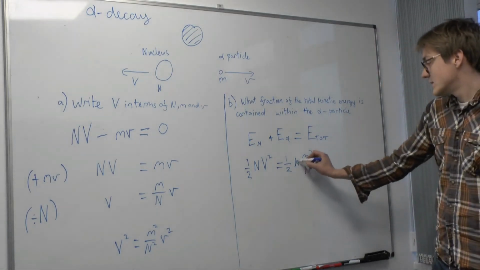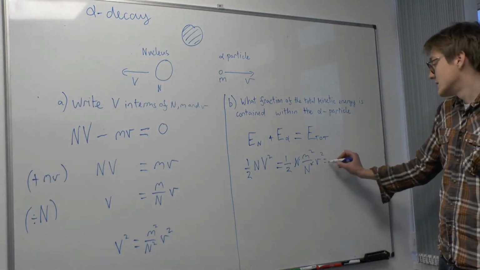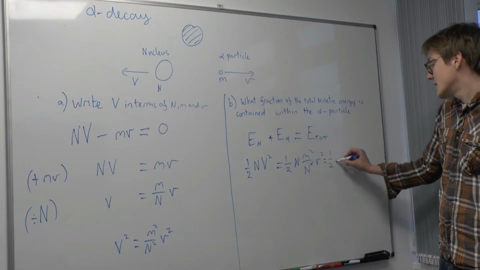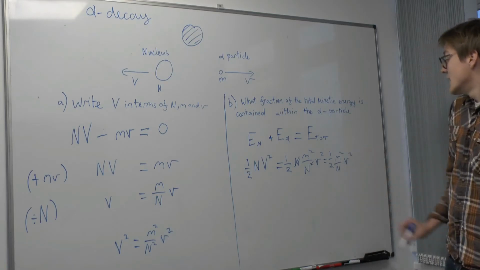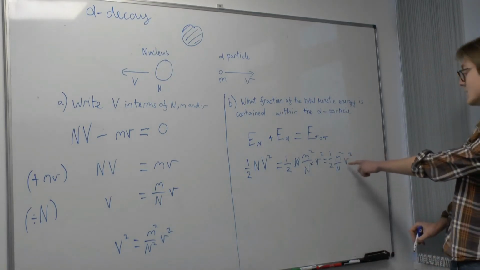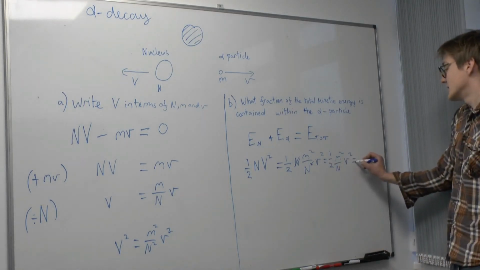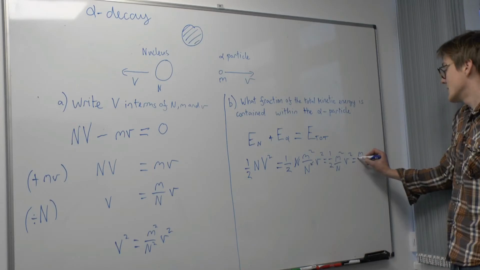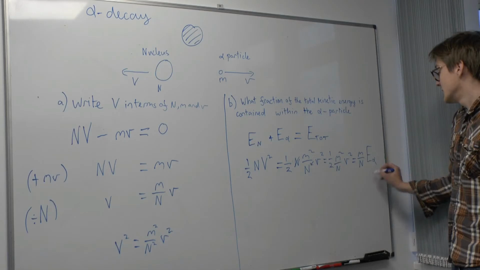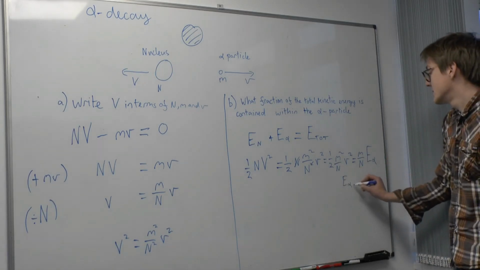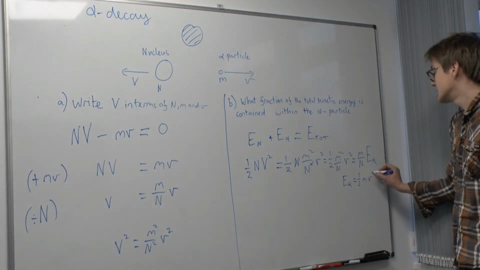Cancel one of the N's, and then we have a half m squared over big N v squared, and you can spot that if we pull an m over N out of this, then this can be written as m over N times E alpha, where E alpha is a half little m little v squared.